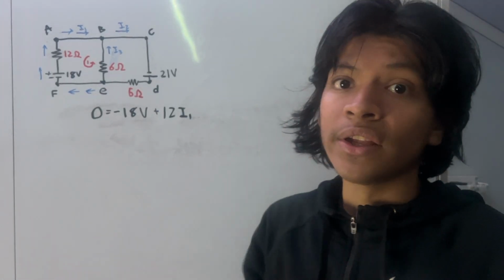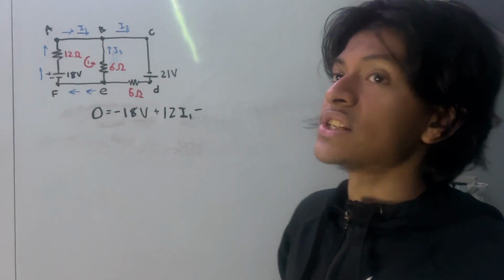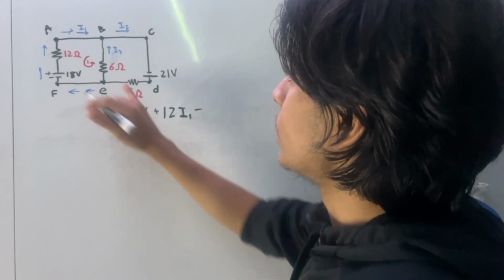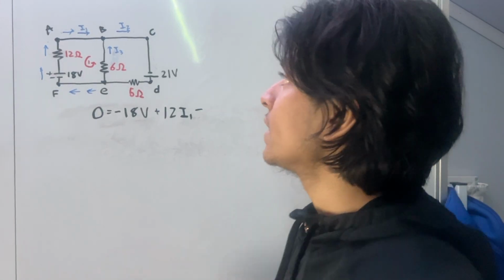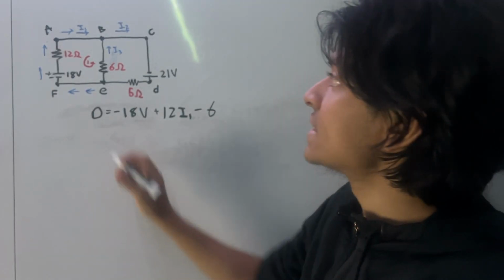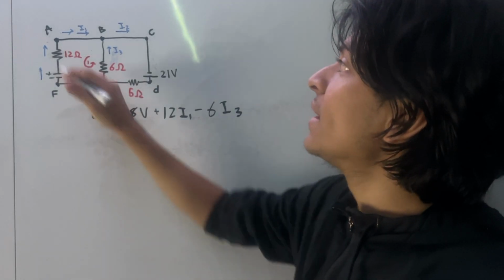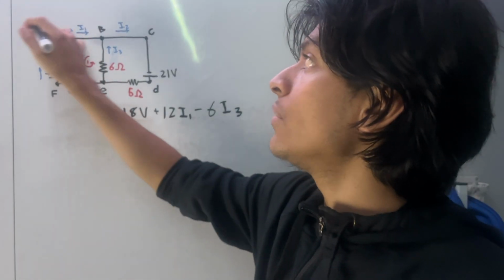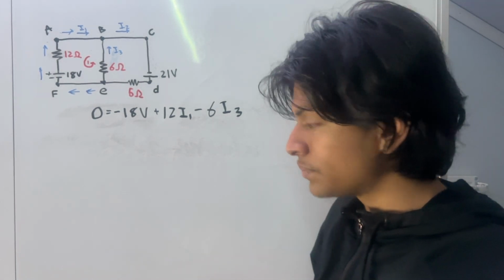When we're traveling with the current, the potential across this 6 ohm resistor is going to be negative. So we have negative 6 ohms times the current I3. Going from B to A, we have nothing there. And just like that, we have our first equation.